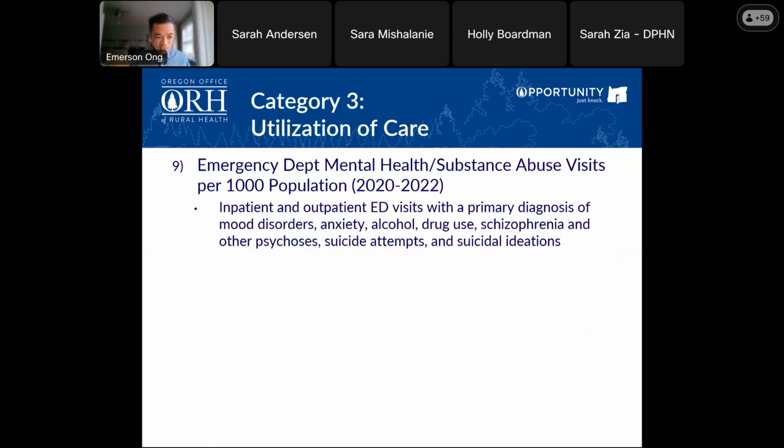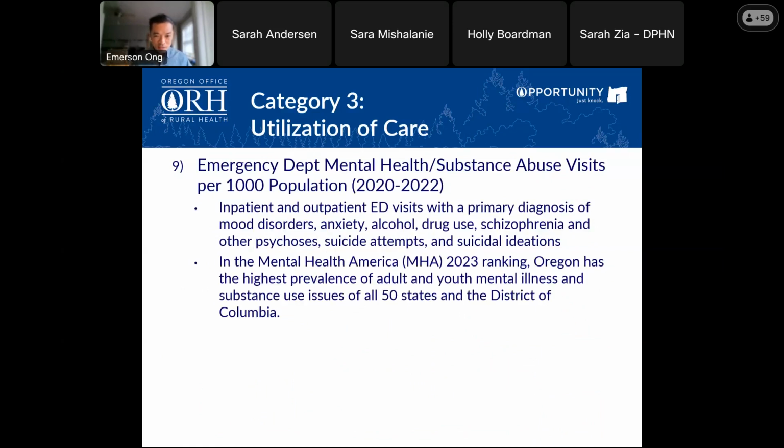And then the last variable is emergency department mental health and substance abuse visits per 1,000 population. These are both inpatient and outpatient ED visits with a primary diagnosis of mood disorders, anxiety, alcohol, drug use, schizophrenia and other psychoses, suicide attempts, and suicidal ideations.